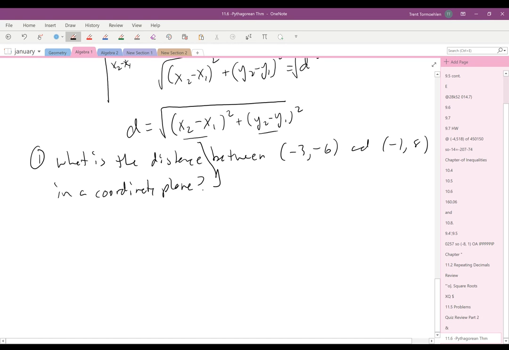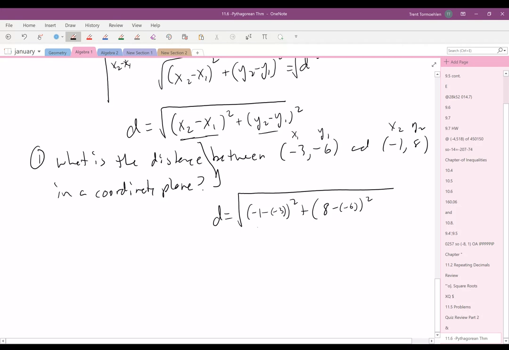It doesn't matter which one's x1 and y1 and which is x2 and y2. They just have to be separated by x's and y's. And so if we call this x1, y1 and this x2, y2, then the distance equals the square root of x2 minus x1. So it's going to be -1 minus a -3 squared plus y2 minus y1, which is 8 minus a -6 squared.